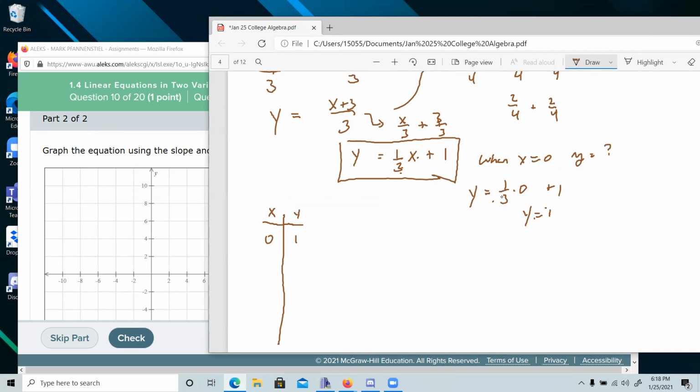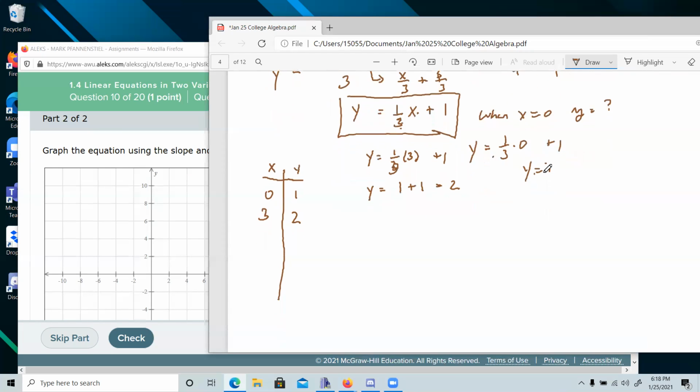Why don't we pick 3? Because it'll cancel. So we'll have y is equal to 1/3 times 3 plus 1. See? So that cancels, and we just get 1 plus 1. We end up with a 2. We could pick 6.